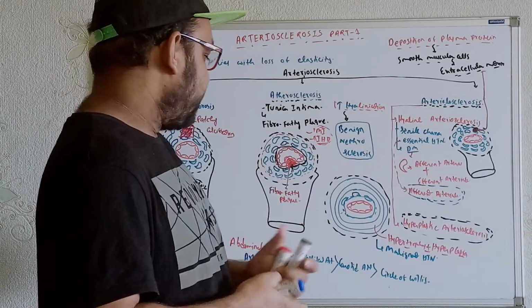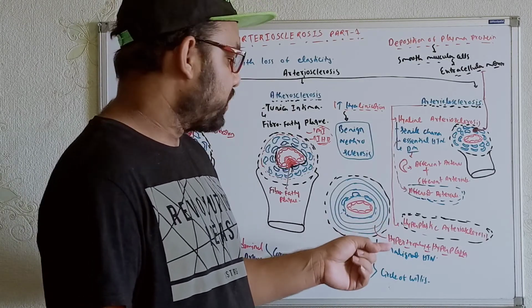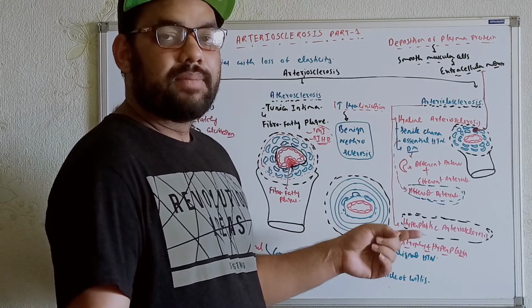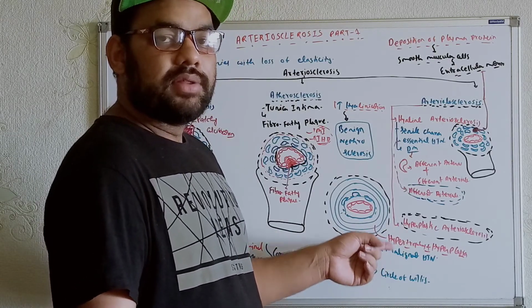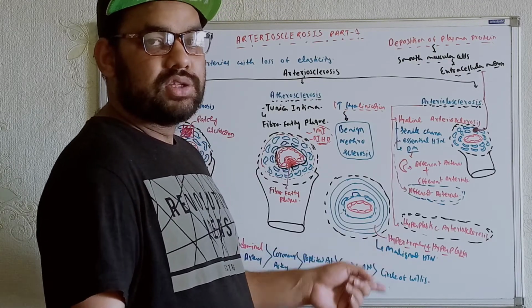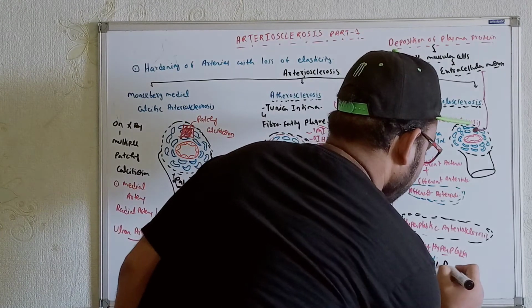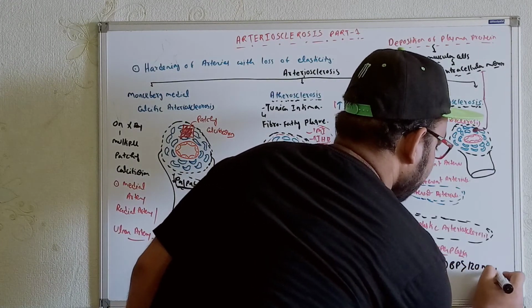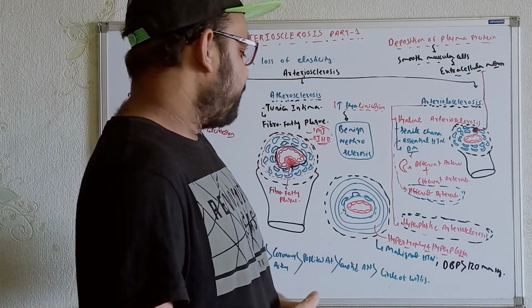Okay, let's repeat it once again. We'll get the development of hyperplastic arteriolosclerosis, with hypertrophy plus hyperplasia of the smooth muscle layers. We'll get this in malignant hypertension, where the diastolic blood pressure will be more than 120 mm of mercury. Okay, so we'll get this type of problem over here.